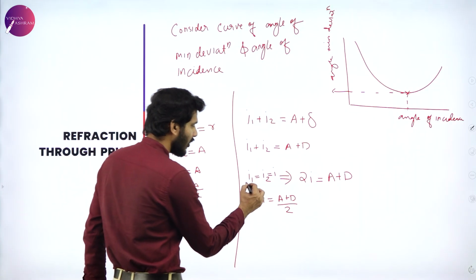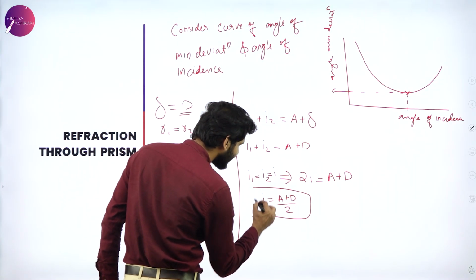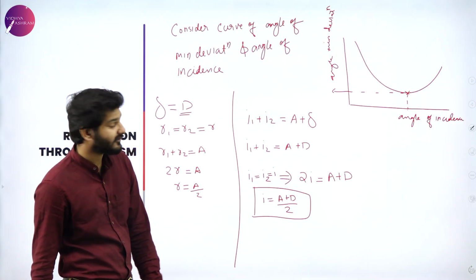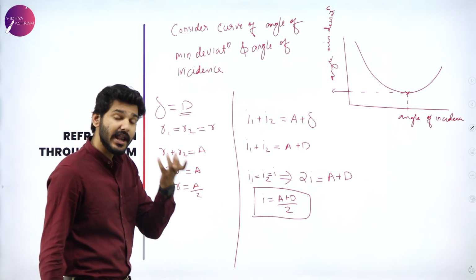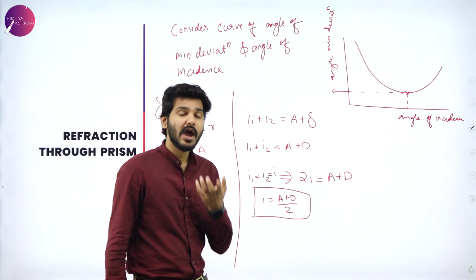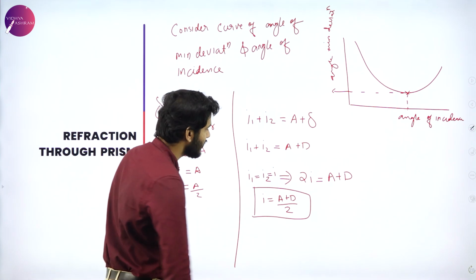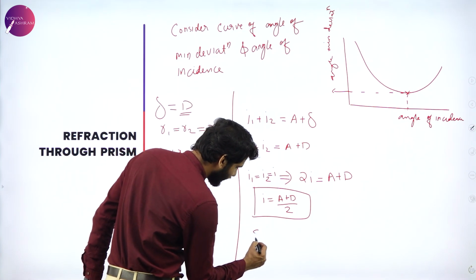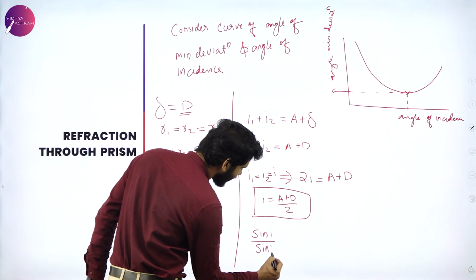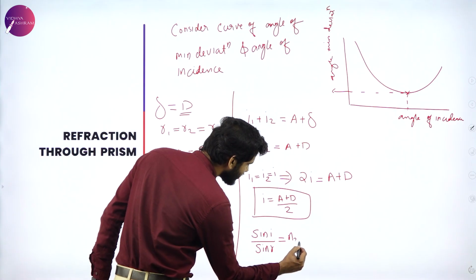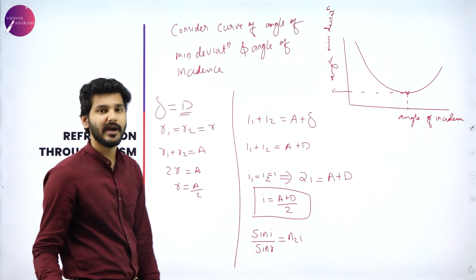Right. Now, we did all this to find an expression for the incident ray, or simply in terms of I, because now we are going to apply what is known as Snell's law. So from Snell's law, we know that sine I divided by sine R is equal to N21, or simply N2 by N1.